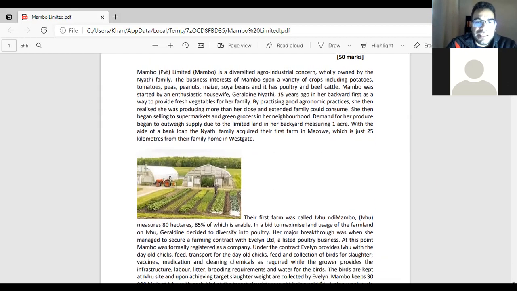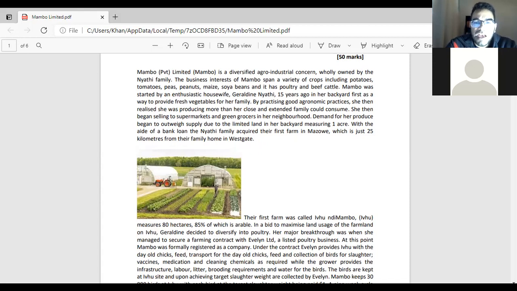They say Mambo Limited is a diversified agro-industrial concern wholly owned by the Nayati family. The business interests of Mambo span a variety of crops, including potatoes, tomatoes, peas, peanuts, maize, soya beans, and it has poultry and beef cattle. Mambo was started by an enthusiastic housewife, Geraldine Nayati, 15 years ago in a backyard, first as a way to provide fresh vegetables for her family.